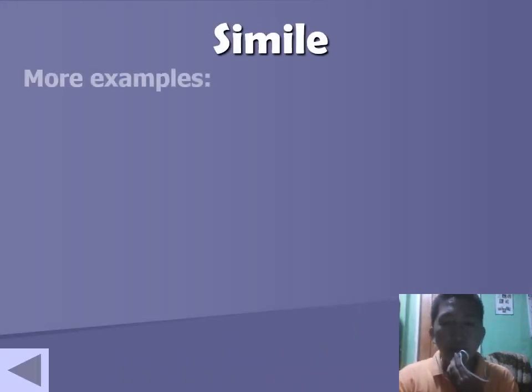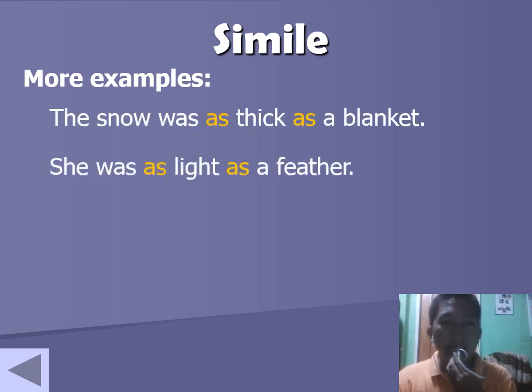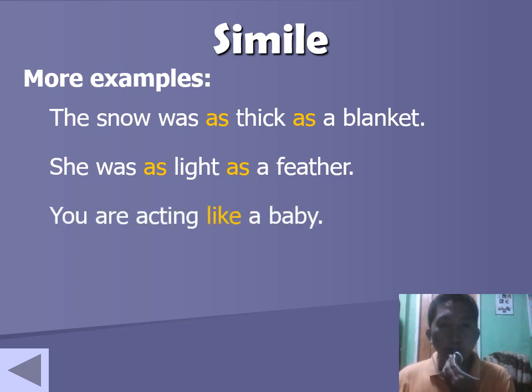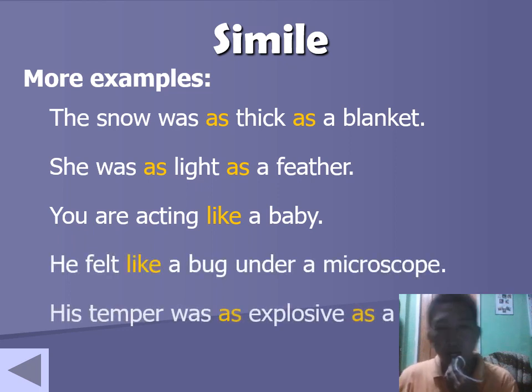So here are other examples of simile for further understanding. The snow was as thick as a blanket. She was as light as a feather. You are acting like a baby. He felt like a bug under a microscope.